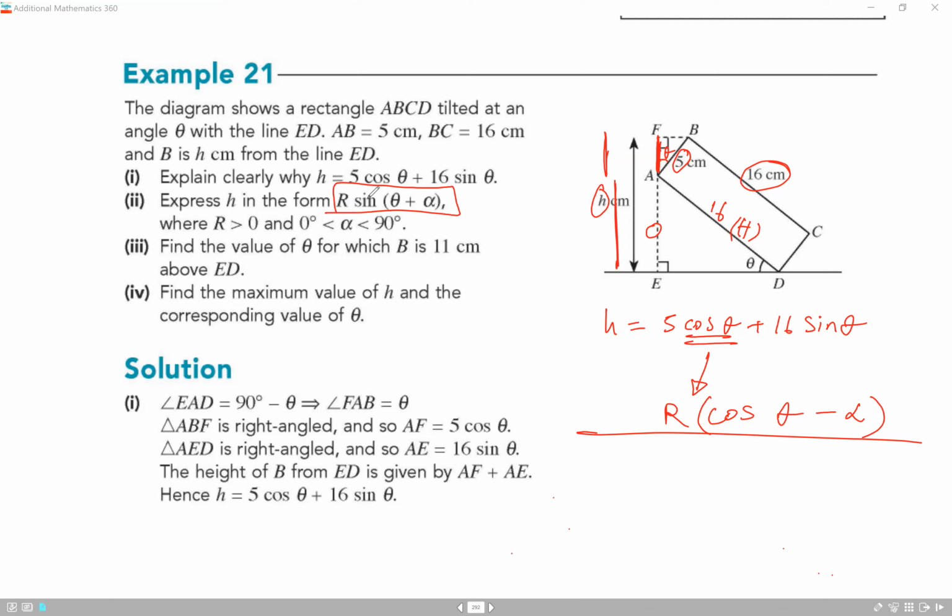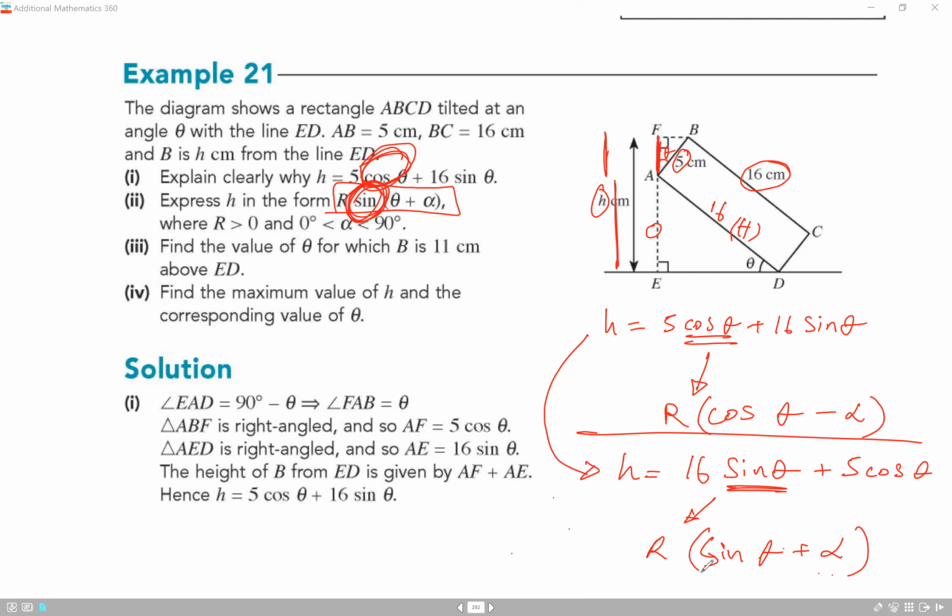Now you notice this is sine, but then what you have here is cosine. So this is where the flexibility comes in. You need to switch. I'm going to do a simple switch. I'm going to put the 16 sine theta in front, put the 5 cos theta behind. That's a simple trick. Since this is now sine, it should give me R sine theta plus alpha.